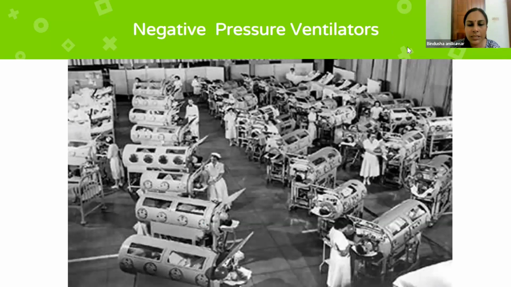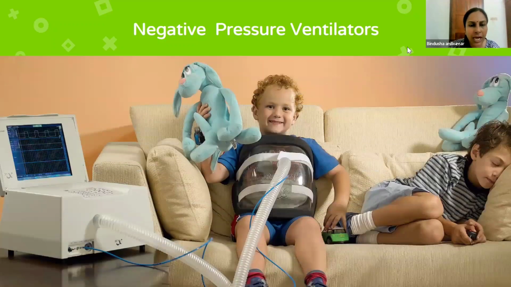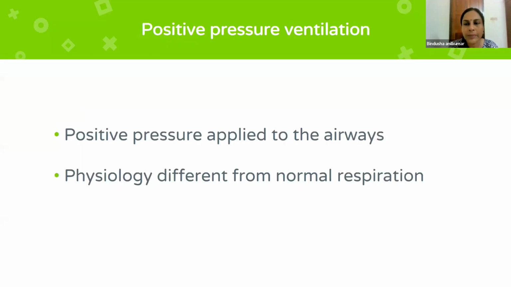You all know that these were the negative pressure ventilators which were used in the early days. Nowadays, we even have newer negative pressure ventilators. But today, we are going to talk only about positive pressure ventilation. So, as Mridul explained yesterday, the mechanism of breathing when the patient is connected to a ventilator is entirely different from the normal mechanism of breathing.